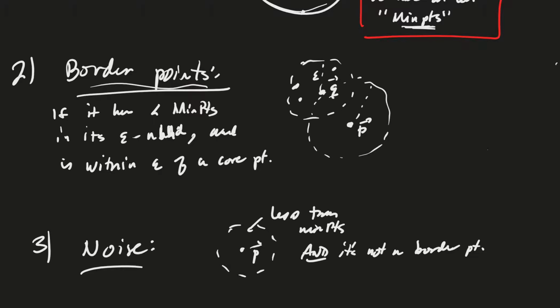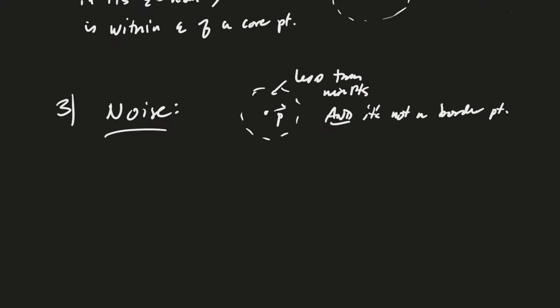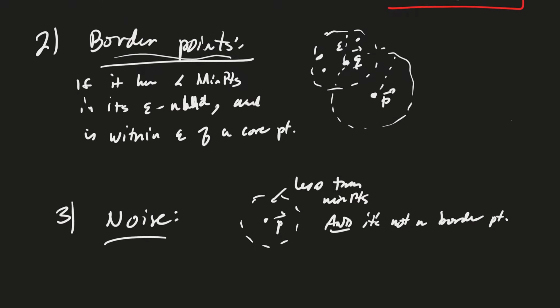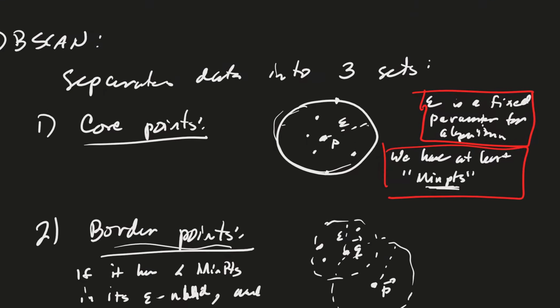Now there are some ideas we need to talk about, based on how this algorithm is going to work. We're going to select a point at random and check to see if it's a core point.